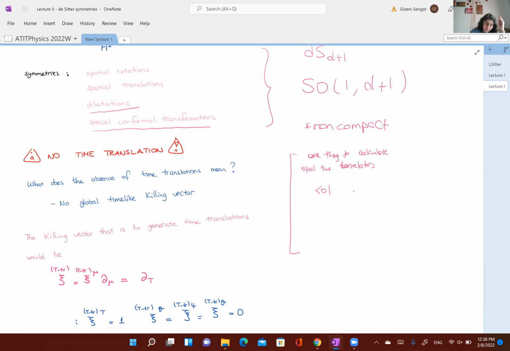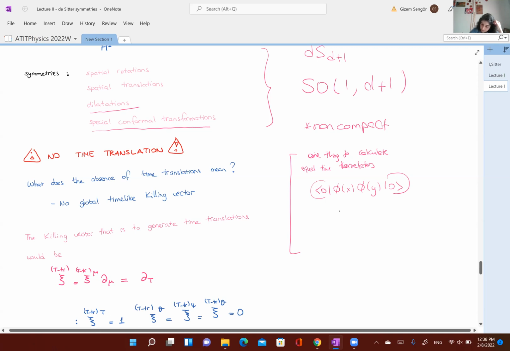But whatever technical things you could make use of on Minkowski that relied on time translation invariance, you will not be able to make use of here on de Sitter. So instead, you calculate correlators of fields at different values, and these are sandwiched in between vacuum states. This is just a 2-point function, but you can put in more, like 3- or 4-point functions.